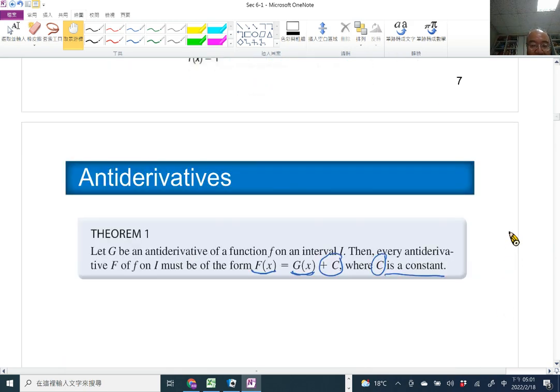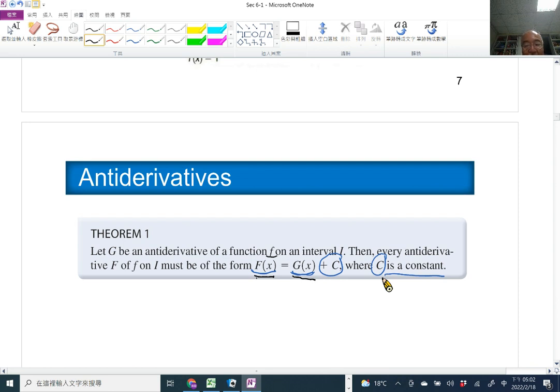So this theorem tells us: let G be an antiderivative of a given function lowercase f of x on an interval I, then every antiderivative capital F of lowercase f on I must have the same form, namely they have the same core part and differ by a constant c.